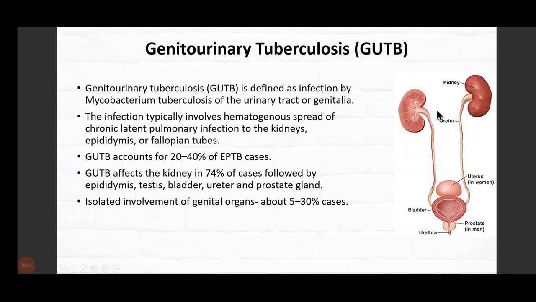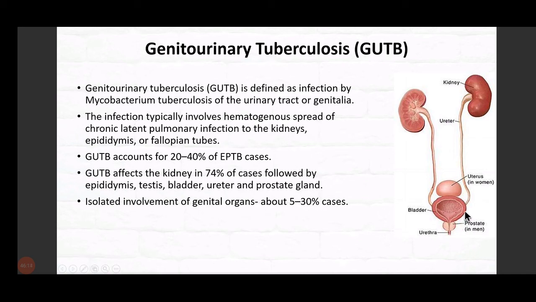So how does TB reach the kidney? Usually it is a hematogenous spread from the latent infection of the lungs. Renal tuberculosis is not rare. Yes, it has been found, and it accounts for 20 to 40% of all extrapulmonary tuberculosis cases. The kidneys are involved in the majority, that is 75% of the cases.